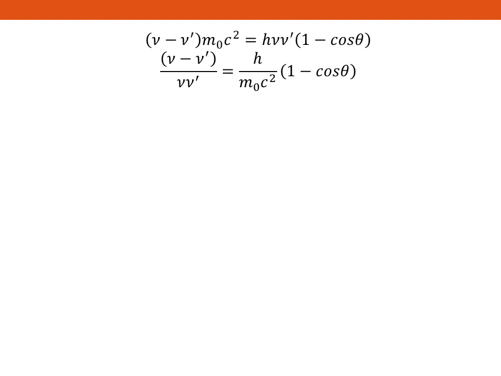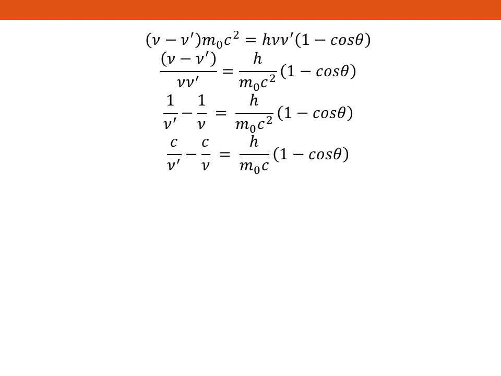Next, we divide each term on the LHS. We have therefore 1/ν′ − 1/ν = (h/m₀c²)(1 − cos θ). On multiplication of either side with c, the velocity of light, we have c/ν′ − c/ν = (h/m₀c)(1 − cos θ).